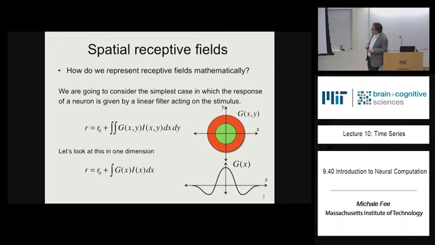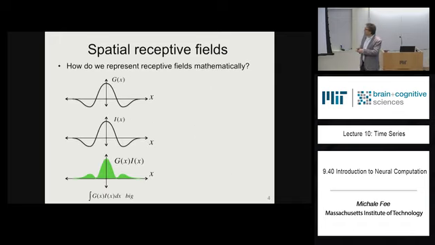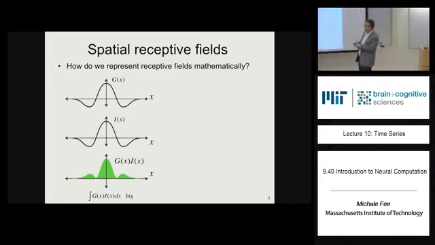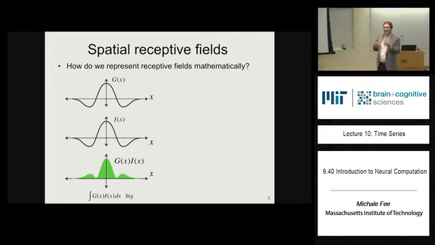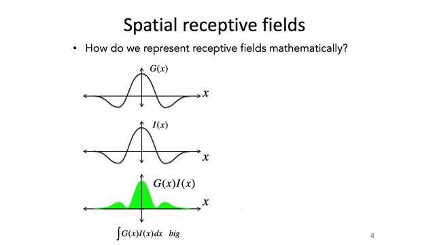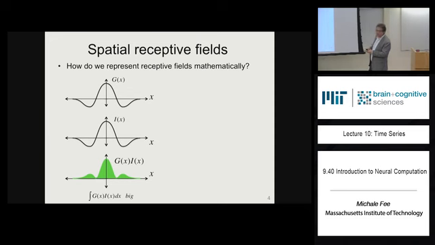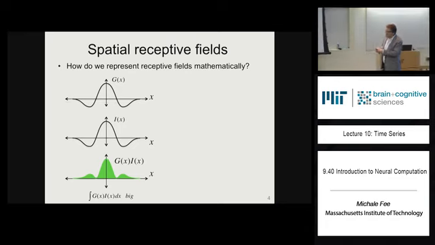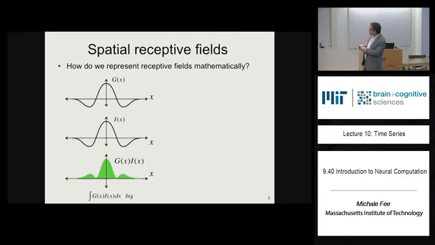Again, the way we think about this is that the neuron is maximally responsive if the pattern of sensory input looks like the receptive field, is highly correlated with the receptive field. So if the receptive field has a positive central region surrounded by negative flanks, then that neuron is maximally responsive if the pattern of light looks like the receptive field.